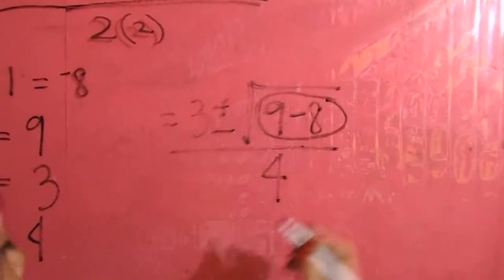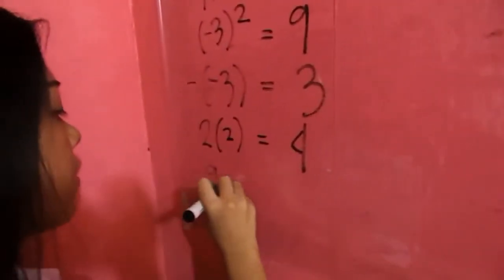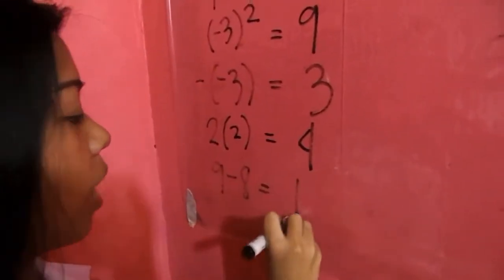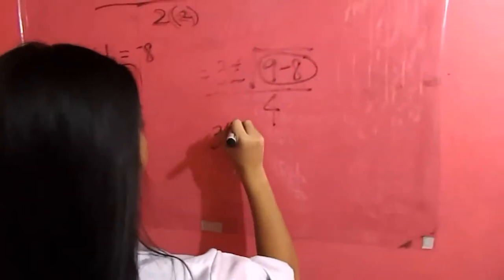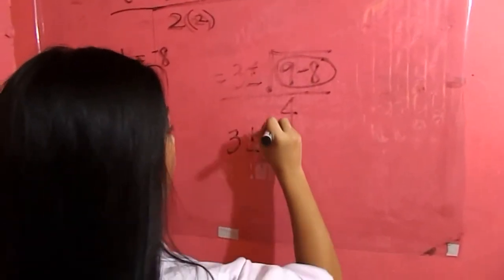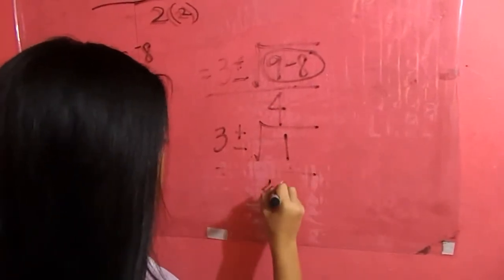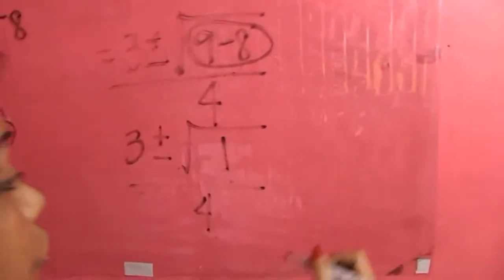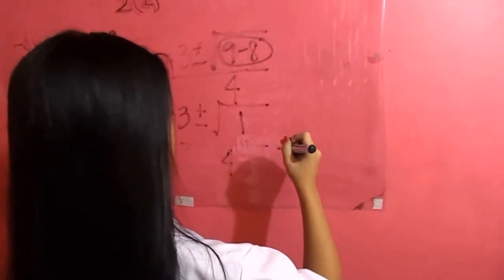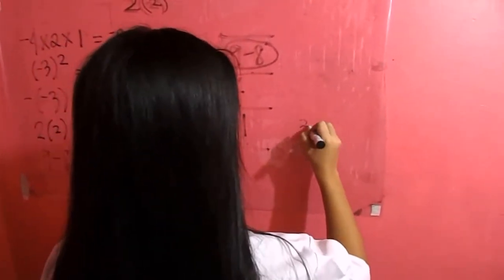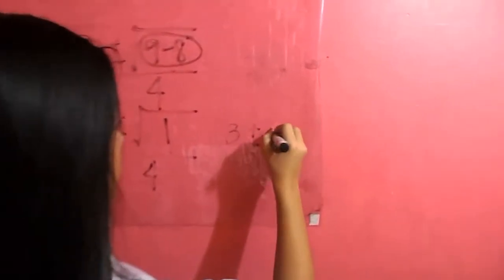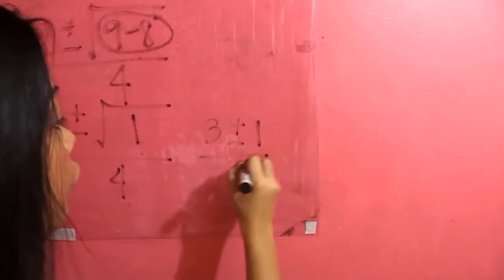Subtract 9 minus 8, which is equal to 1. 3, positive and negative, square root of 1 over 4. The square root of 1 is 1. So 3, positive and negative, 1 over 4.